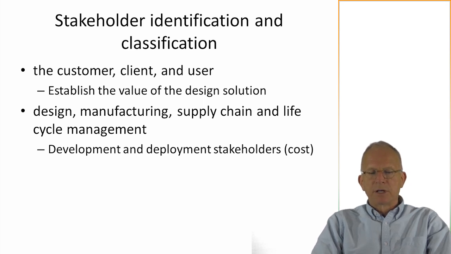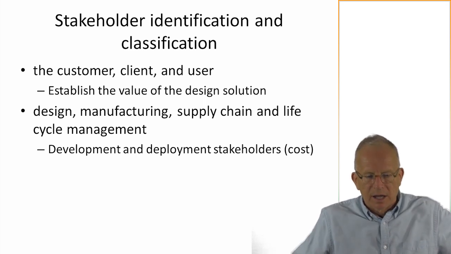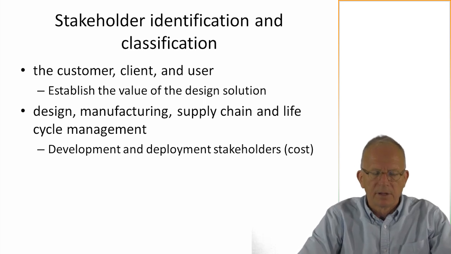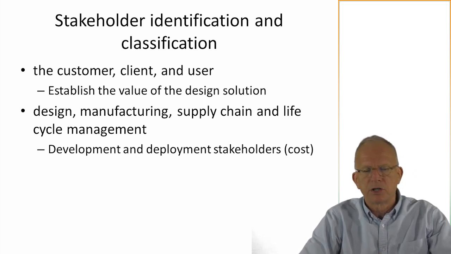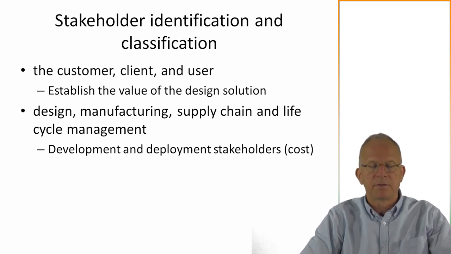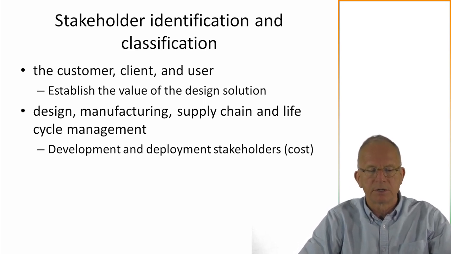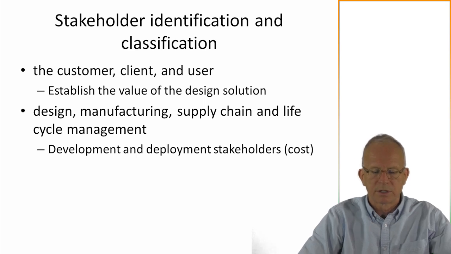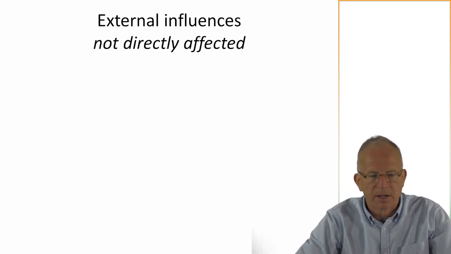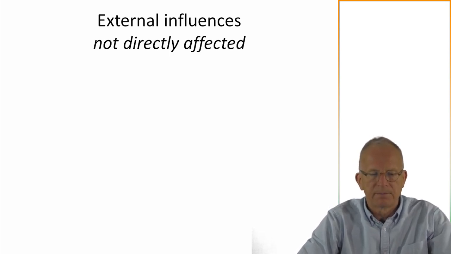These are also stakeholders, and their needs, and so things like manufacturability and timing on the supply chain. What do we do with the product at the end of its life? How is it disposed of? How is it recycled? So these are all important things to have considered in the design.